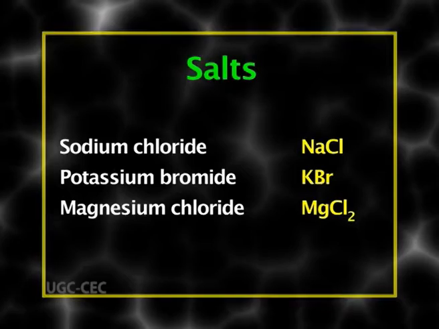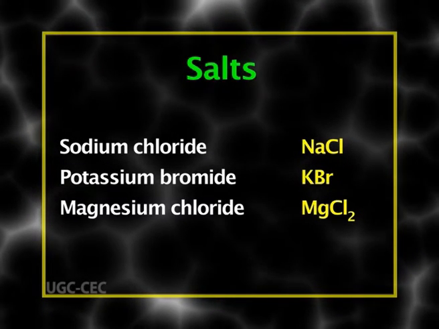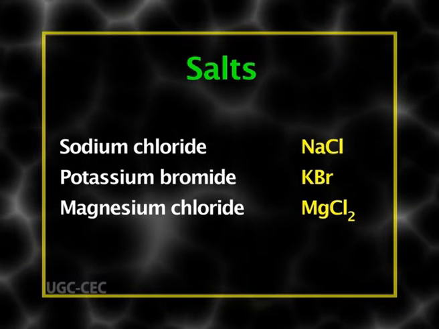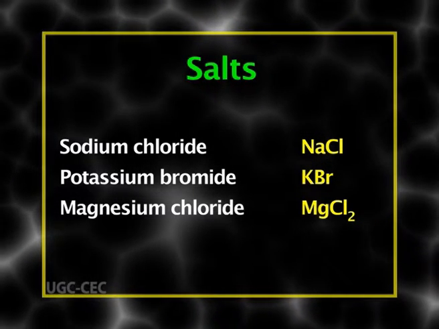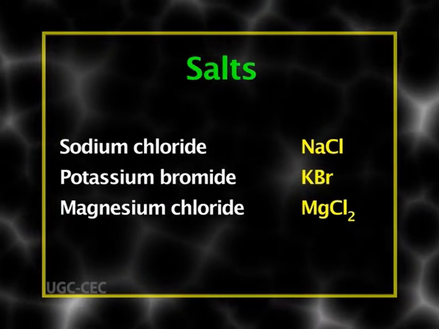We also have strong electrolytes in the form of salts such as sodium chloride, NaCl; potassium bromide, KBr; magnesium chloride, MgCl2; and many more.